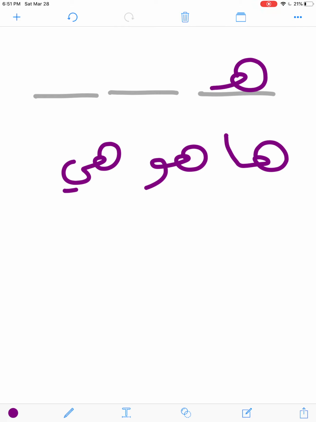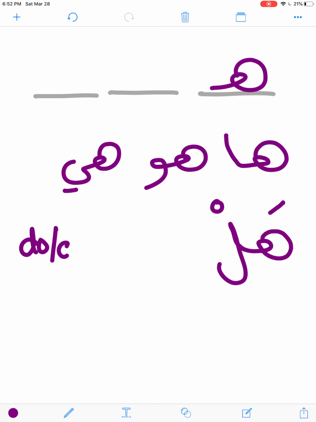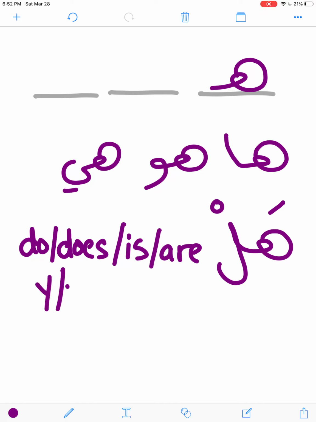Let's do the word هل. Ha and a lam. هل. And hal is a question particle. It means do, does, is, or are. An easy way is anytime you're asking a yes or no question, you would use hal.